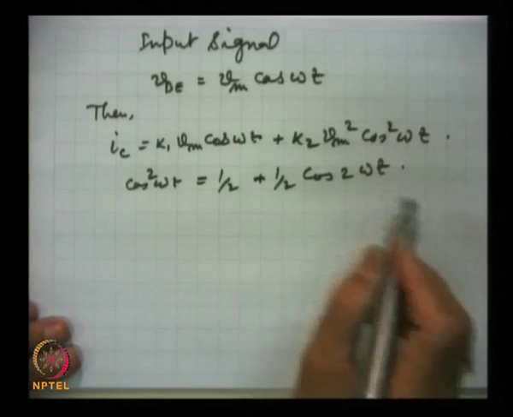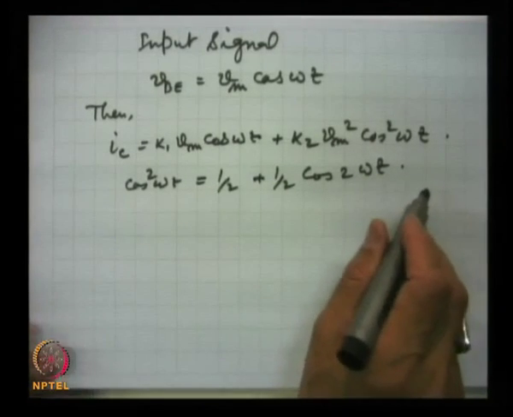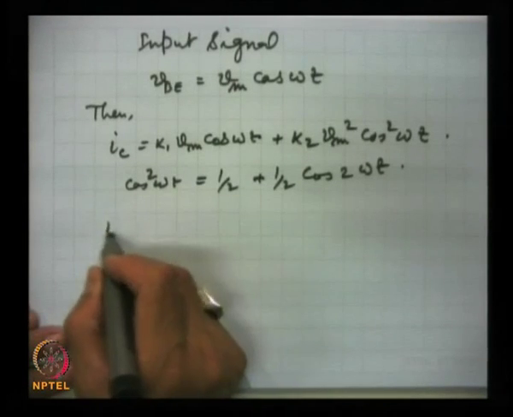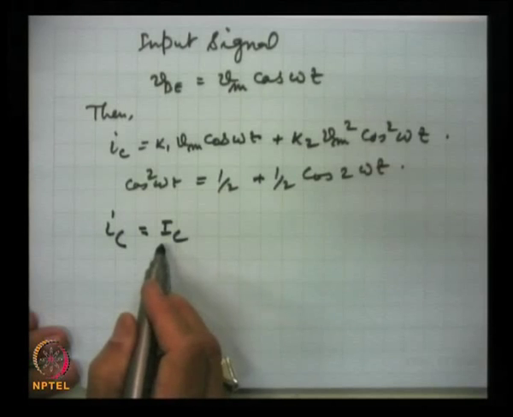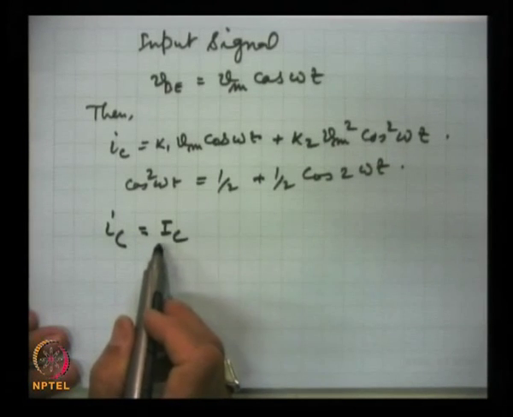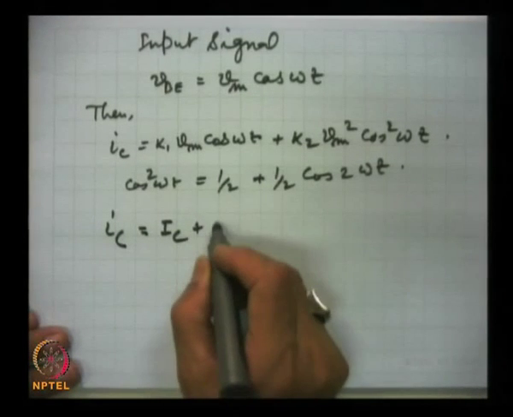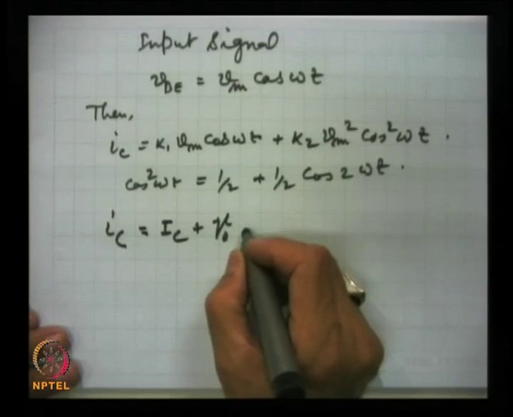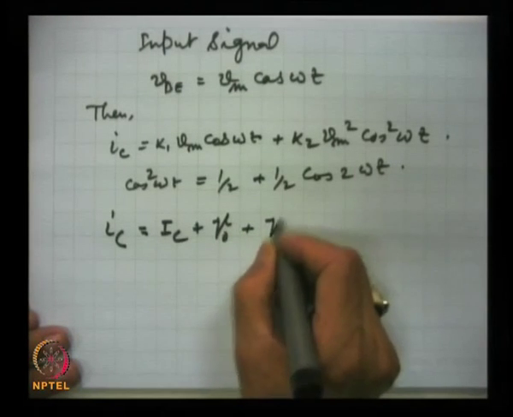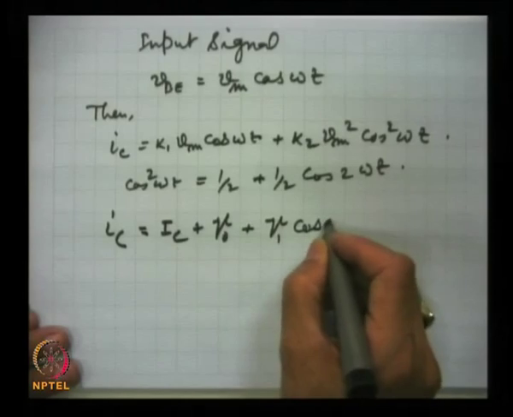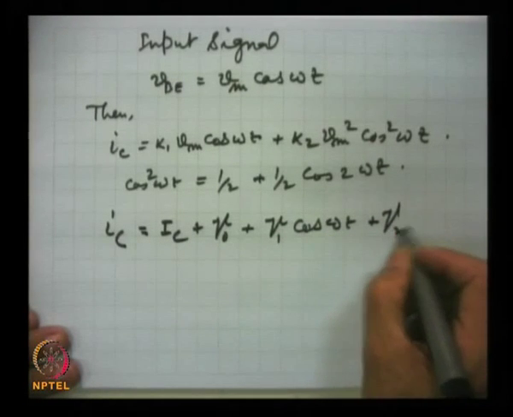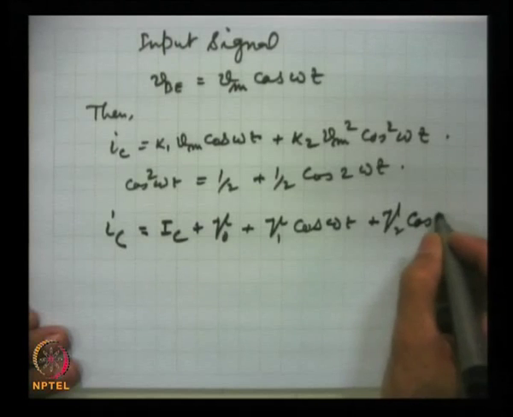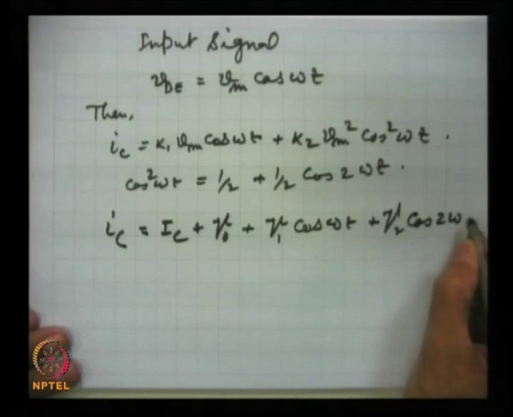So, replacing that, IC will be gamma 0, which takes care of any DC component, plus gamma 1 cos omega t plus gamma 2 cos 2 omega t.